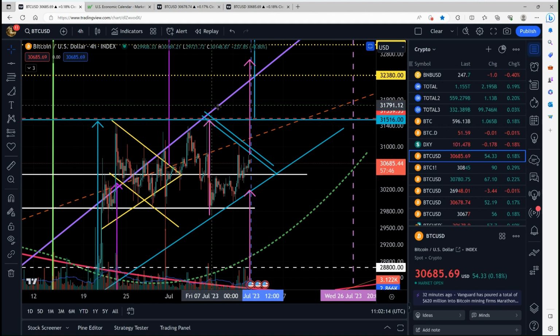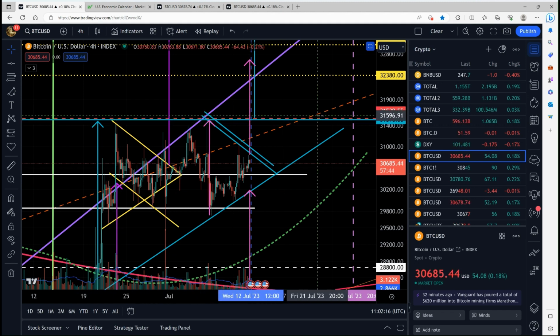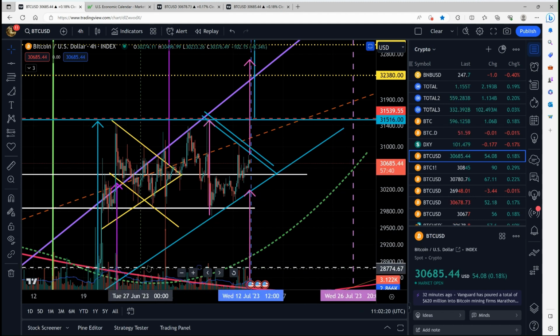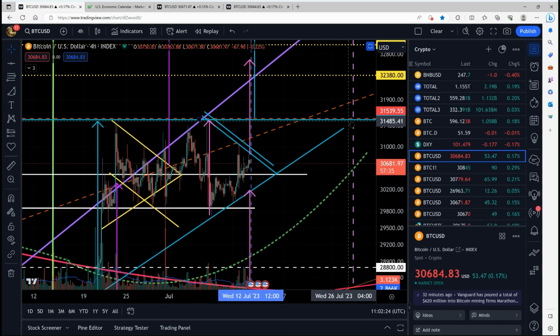and kind of started forming an ascending triangle pattern marked here in the aqua, which kind of comes to a vertex here at the FOMC meeting, July 26th.